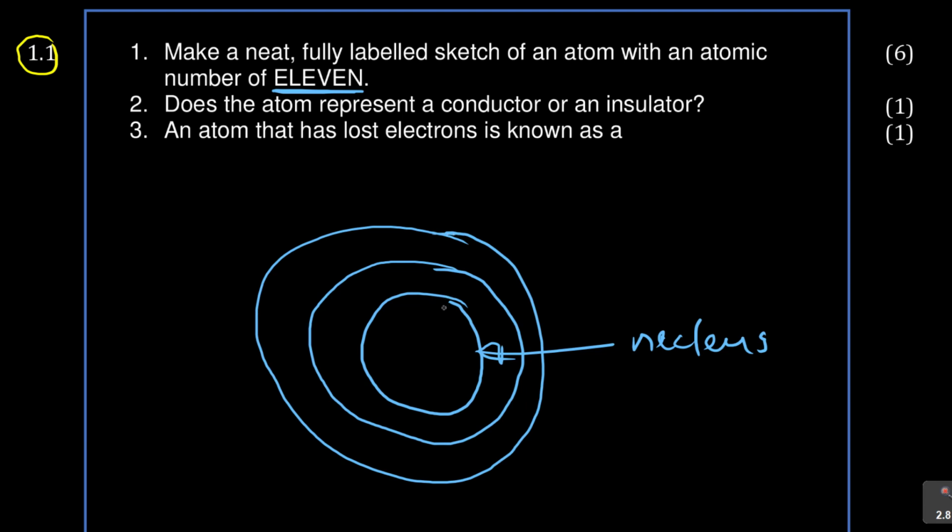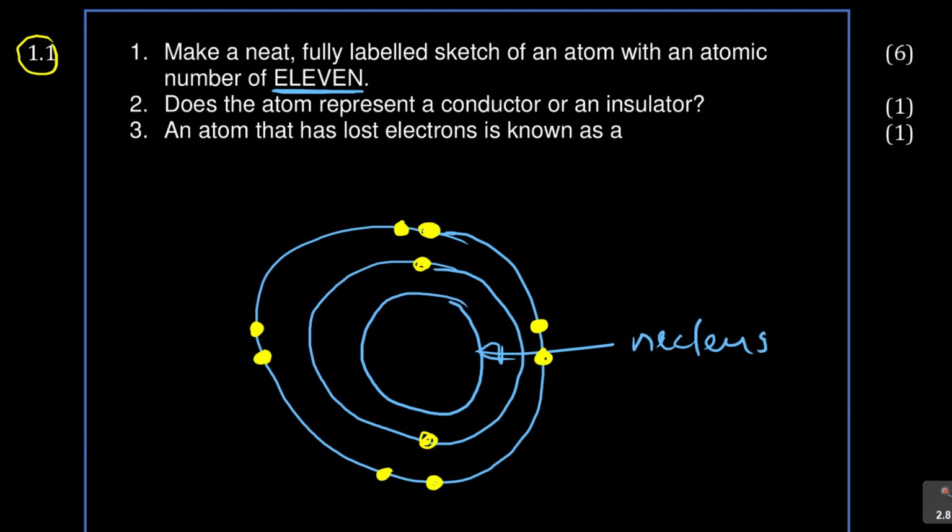Now in the first shell, we are saying the first electrons you are having is 2. So this is 1 and this is 2, and then from there you have got 1, 2, 3, 4, 5, 6, 7, 8. So if you count now, there are how many? There are 10 electrons.